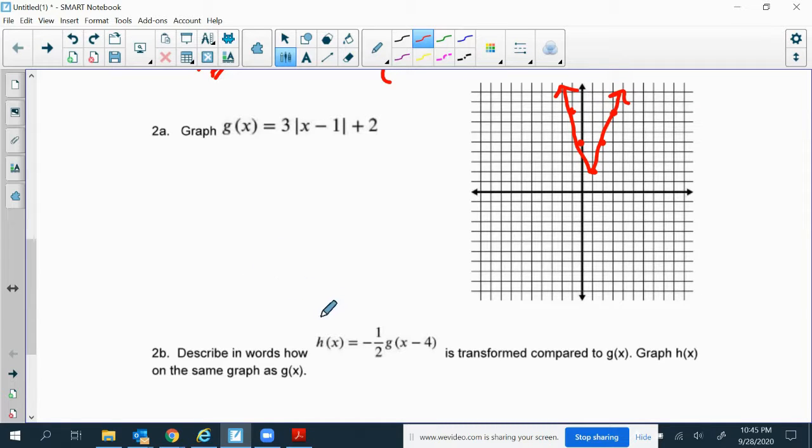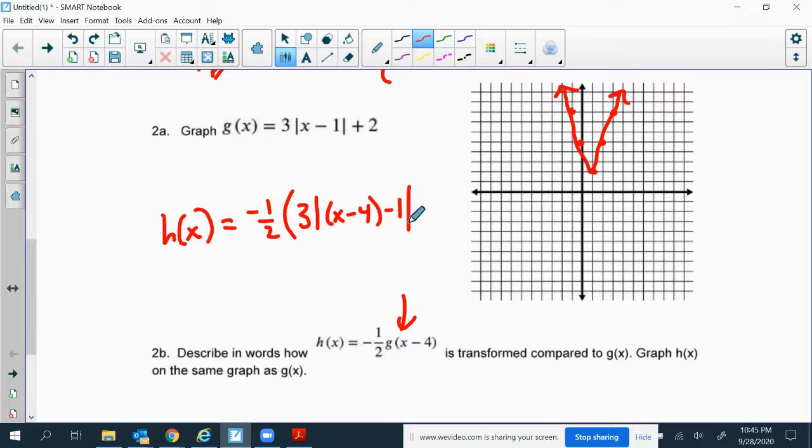And then a lot of people did a very good job of figuring out how to graph h by replacing g in here. So they would say something like -1/2 times 3 absolute value of x minus 4 minus 1, plus 2, and doing a lot of work here.